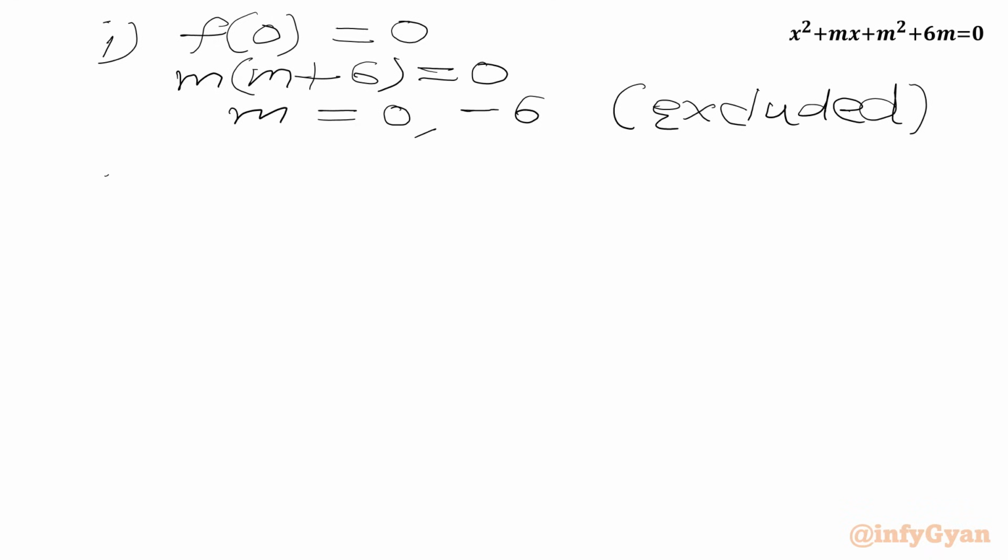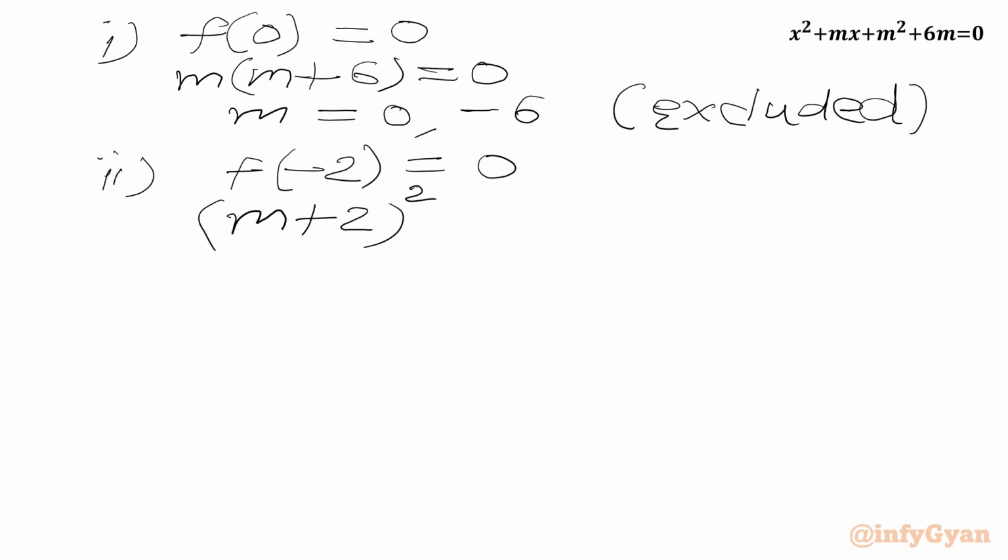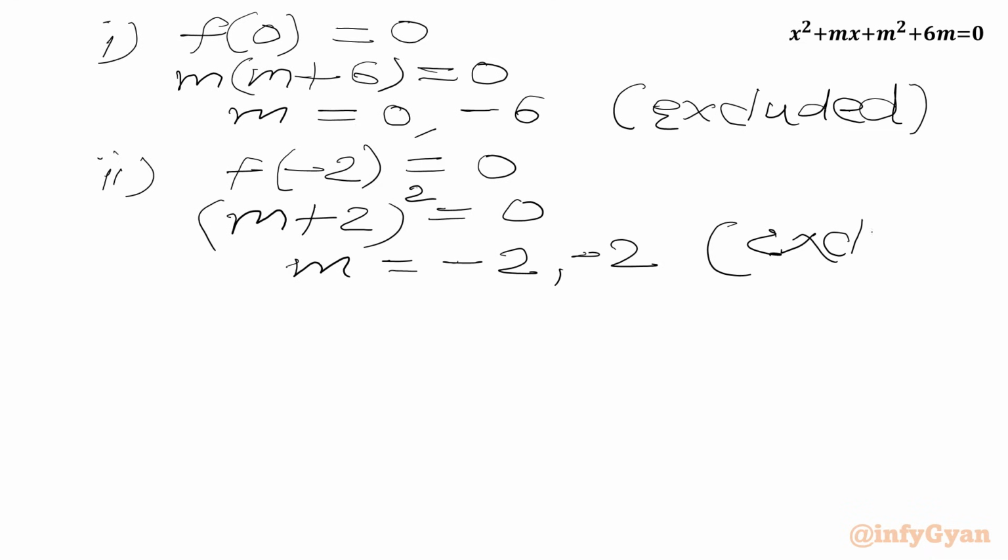Now the second boundary condition is f of -2 equal to 0. So f of -2 is m plus 2 whole square equal to 0. So from here m equal to -2. This point is excluded.